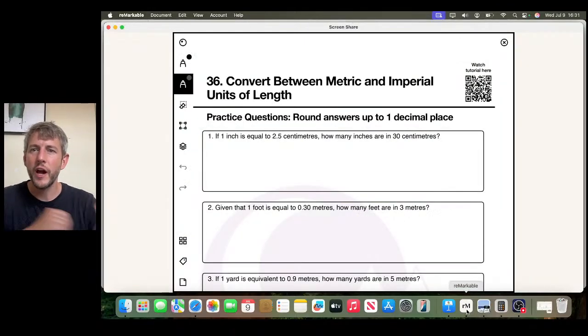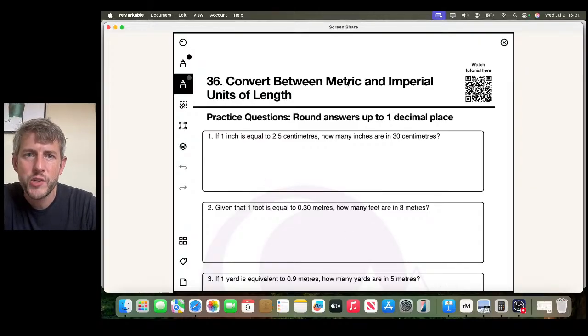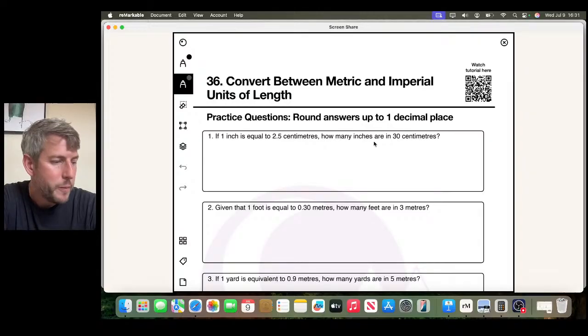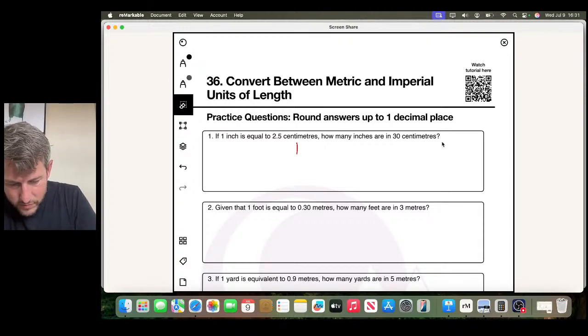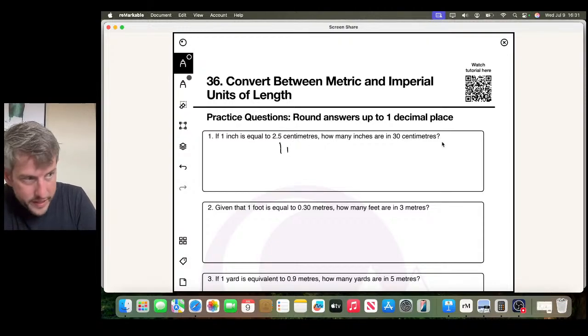Topic 36, convert between metric and imperial units of length. Practice questions, round answers to 1 decimal place. Question 1: if 1 inch is equal to 2.5 centimetres, how many inches are in 30 centimetres? So 1 inch equals 2.5 cm, and we want to get up to 30 cm.